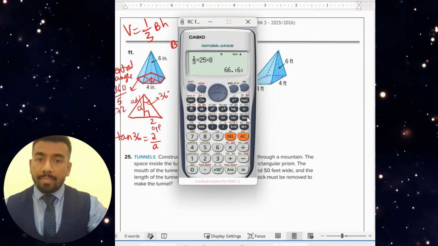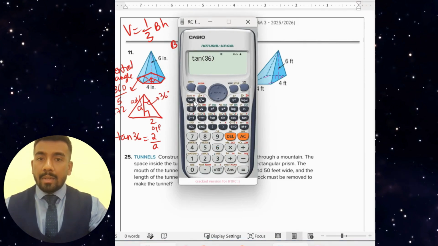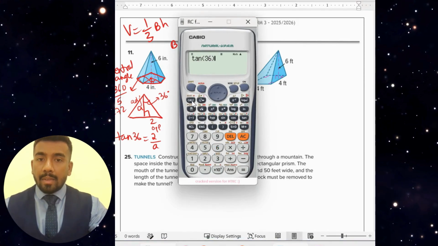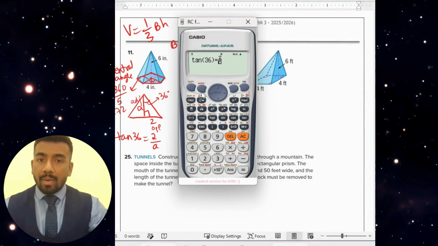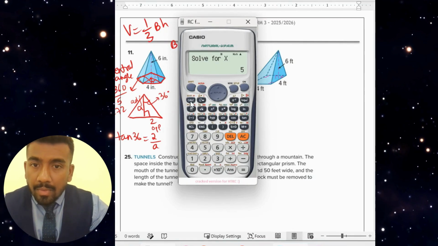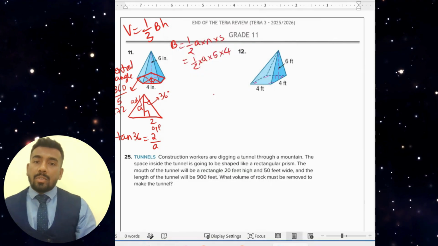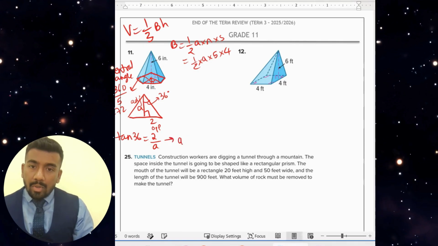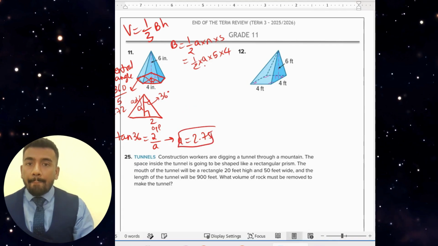So tan 36, close bracket, equals 2 over alpha x. Shift solve, equals. So what do you get? 2.75. So that's your A. Put it back here.